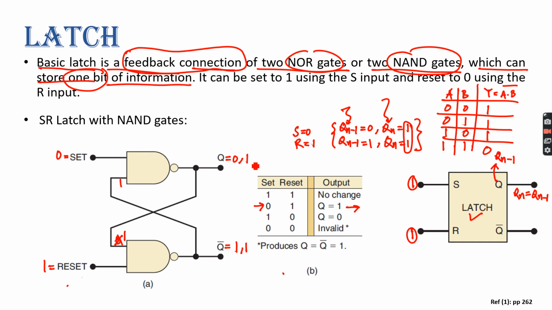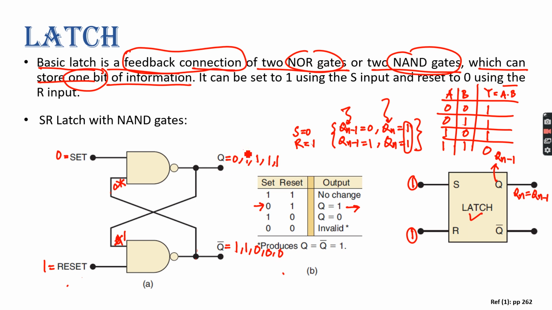So 0 1 gives you 1, and 1 1 gives you 0, right? Yes, sir. So now this 0 will go here. So 0 0 again gives you 1, and this 1 is coming here. So 1 1 gives you 0. So this 0 again goes there. 0 0 gives you 1, and 1 1 gives you 0.